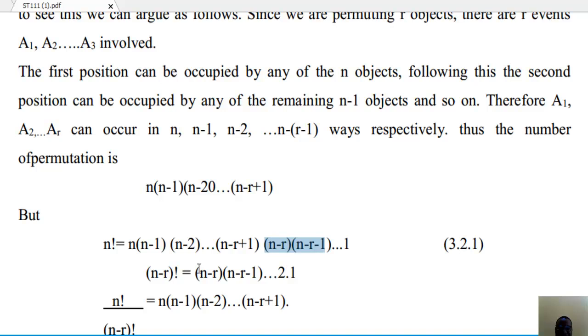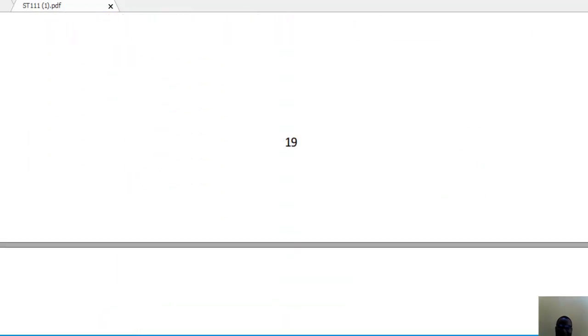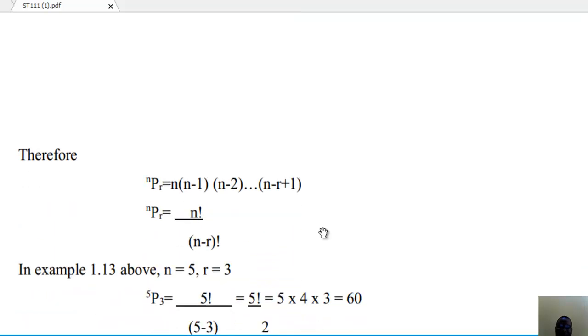So if you make this replacement, our permutation is n factorial divided by n minus r factorial. That's how we got the formula for permutation. Anytime you are asked to do a permutation of r objects out of n objects, the formula is n factorial divided by n minus r factorial.